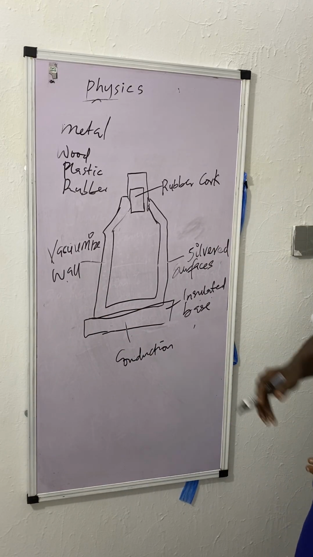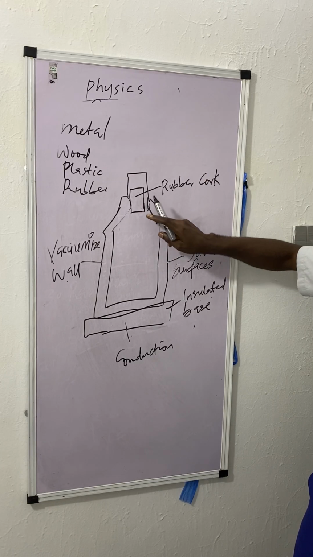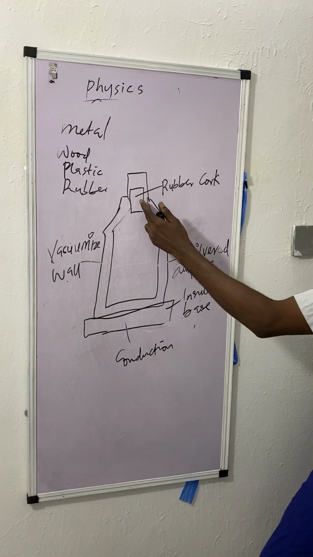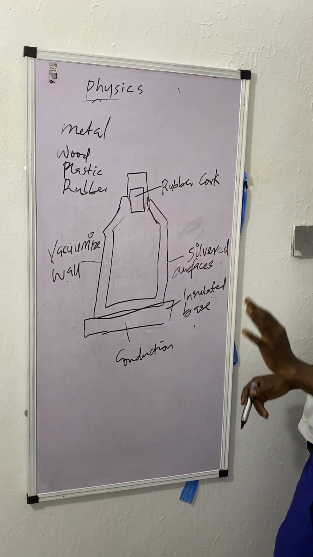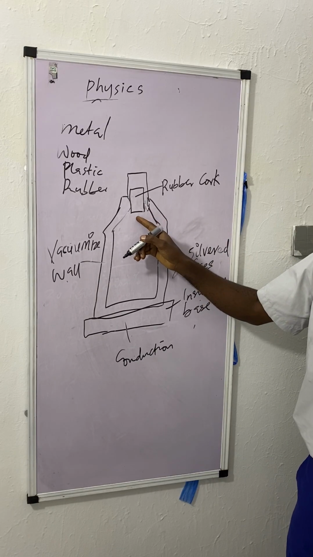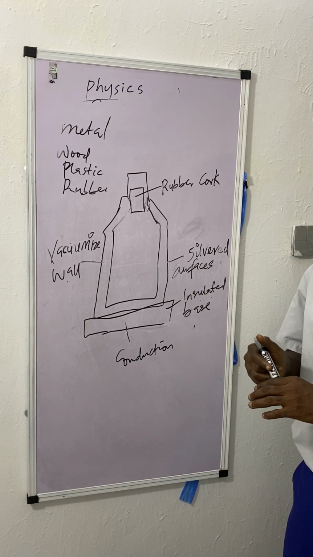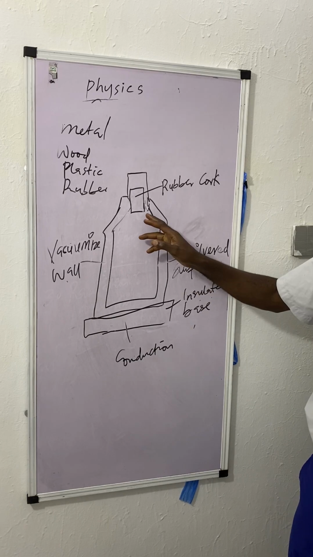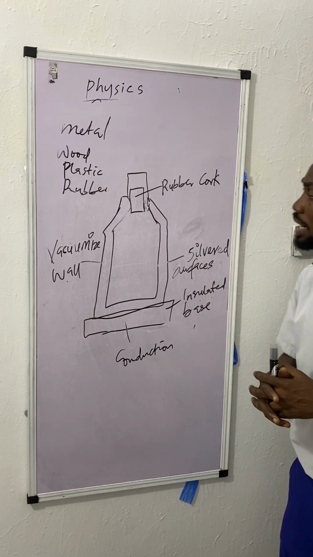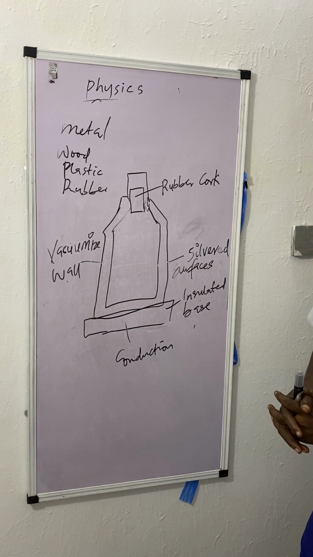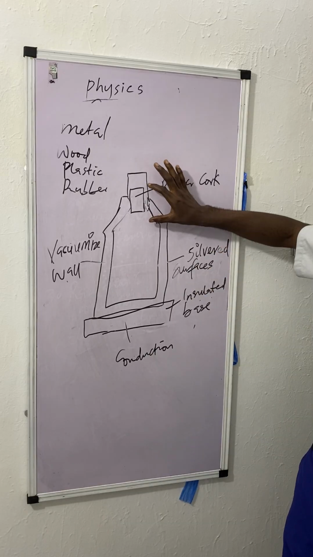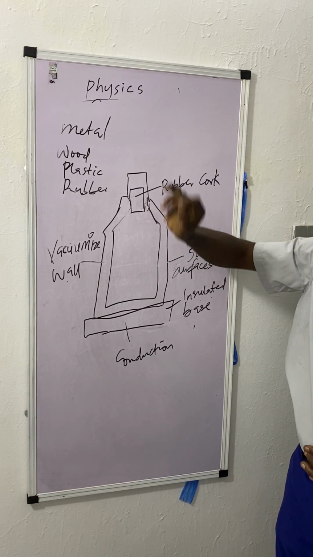So we have this rubber cork preventing heat loss. You know that it fits tightly to this place. So it prevents heat loss through radiation and conduction. It prevents heat loss through conduction because it tightly fits into the inner lining of the flask. That is also how it prevents heat loss from radiation. Vaporized heat can't pass through and go out to the exterior.